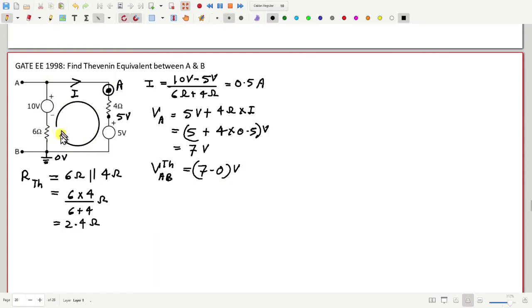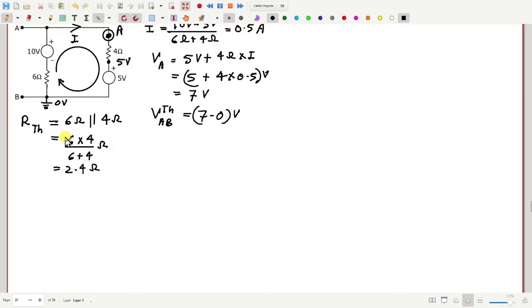But if something is connected between A and B, then it would be different. The point is that when we are finding the Thevenin voltage, that is basically open circuit voltage. So that means nothing is connected between A and B. Thevenin voltage, by definition, means the open circuit voltage.